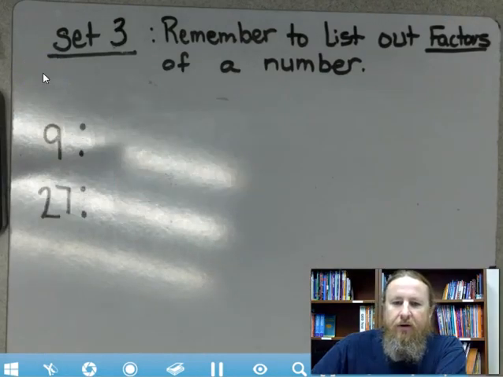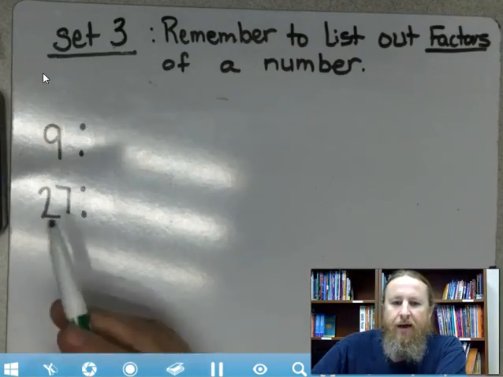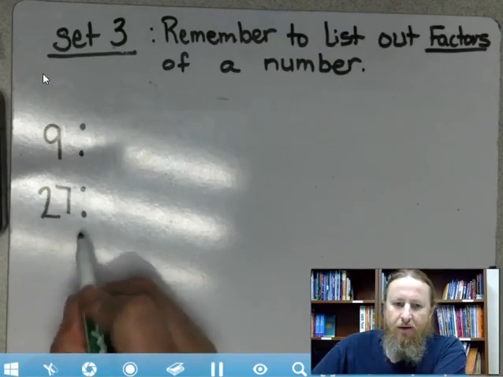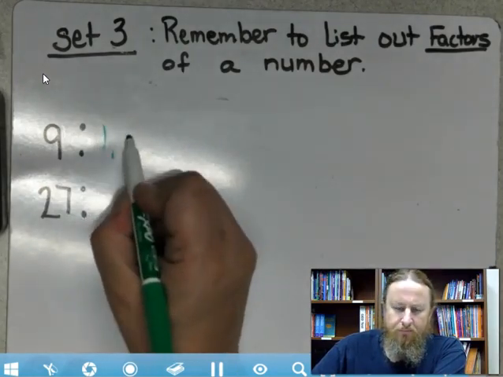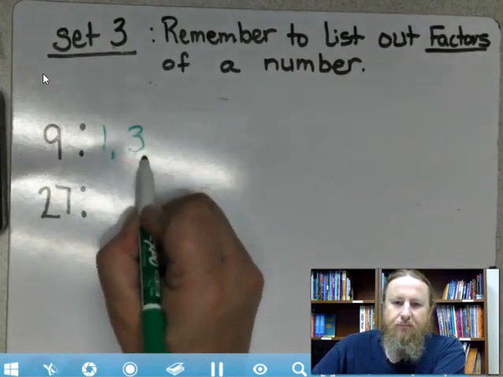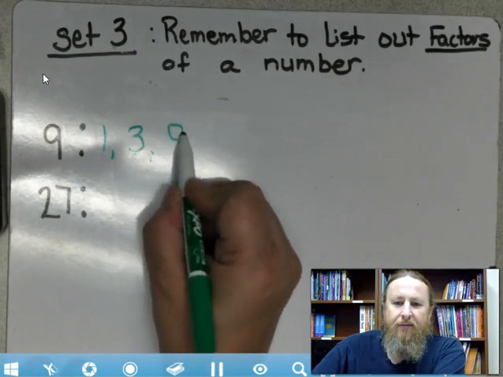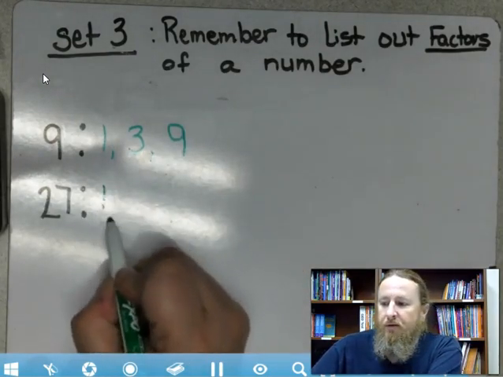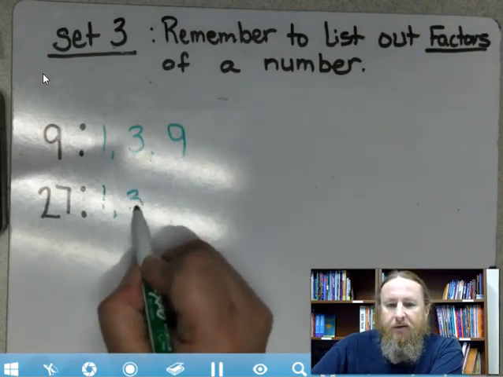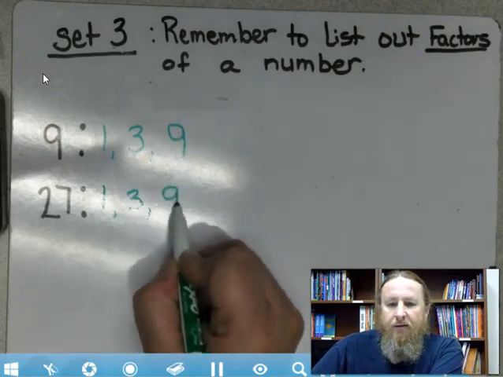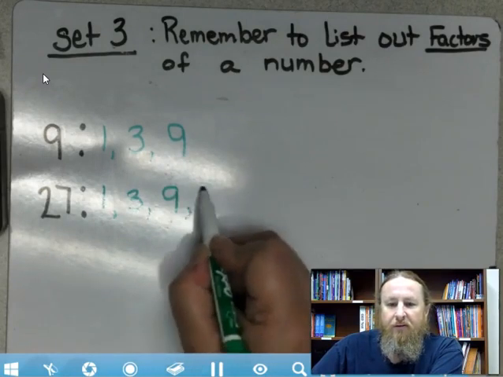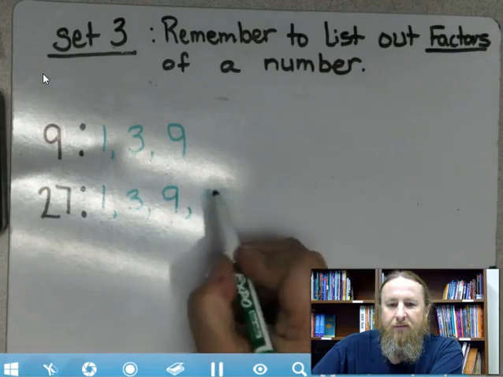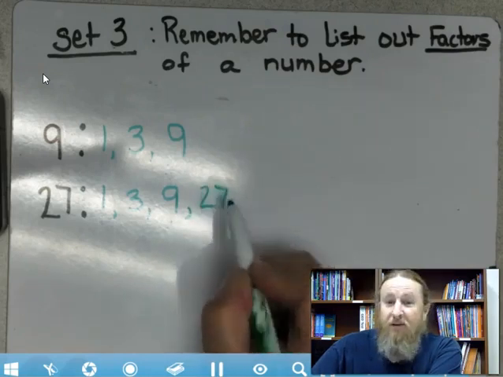And the final set we are going to examine are 9 and 27. So our factors for 9 are 1, 3, and 9. Our factors for 27 are 1, 3, 9, and 27.